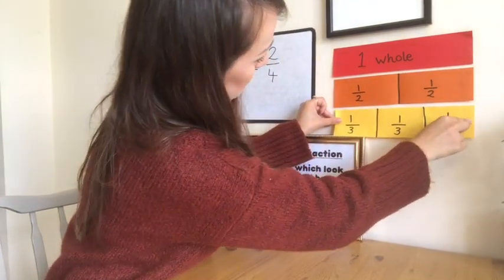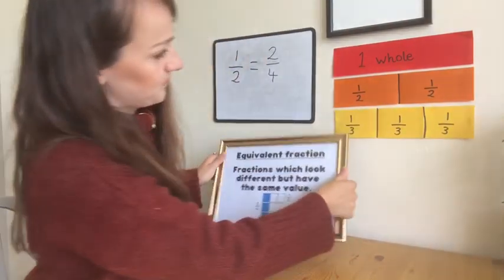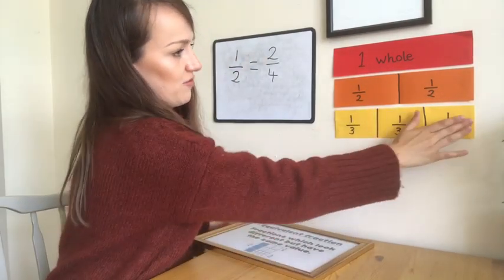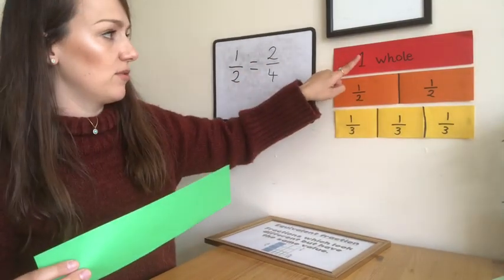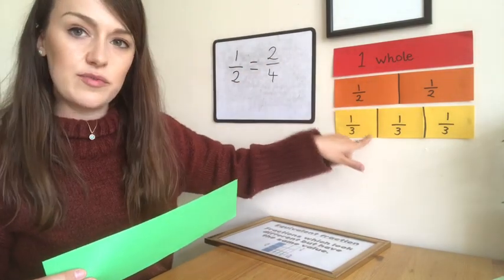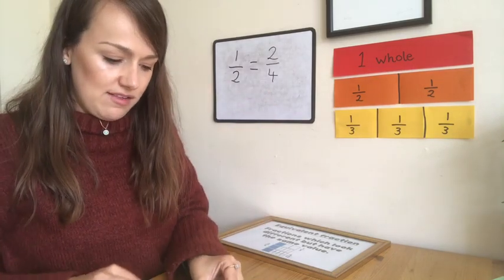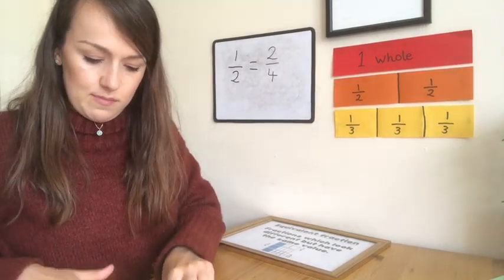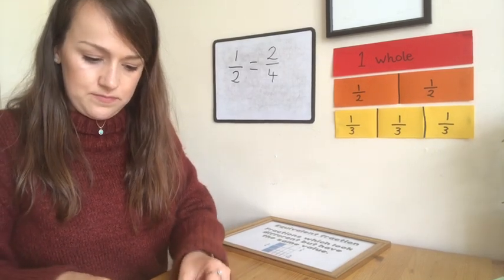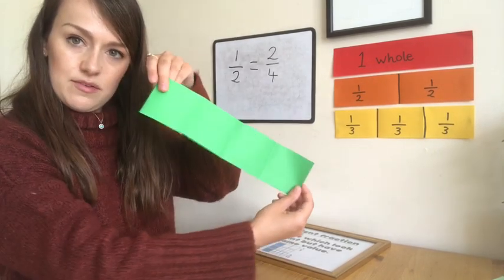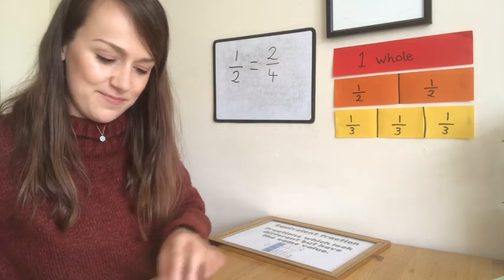Okay, so that's the beginning of my fraction wall. So my next one, I've separated 1, 2 equal parts, 3 equal parts. So this piece is going to be split into 4 equal parts. Okay, fold it in half and then in half again.